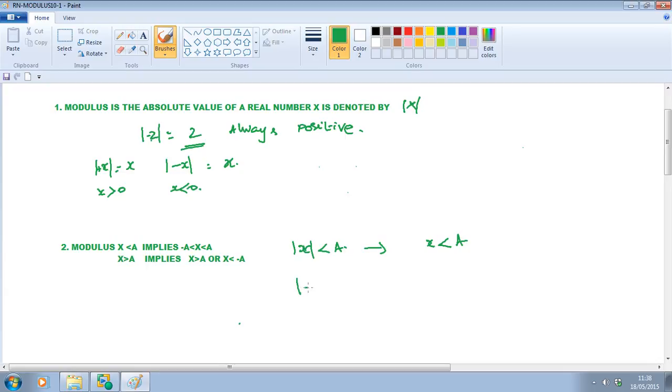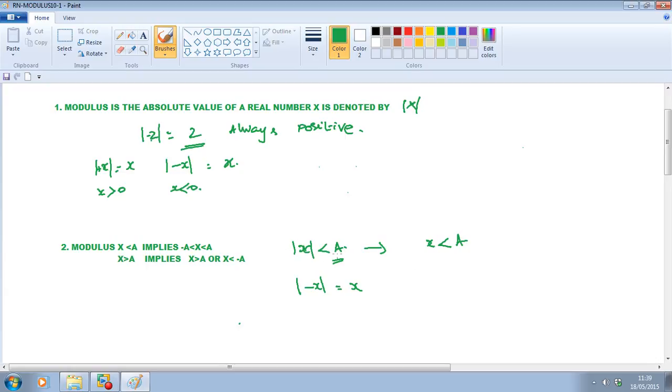The modulus of minus x is also equal to x. We will take some examples and see.